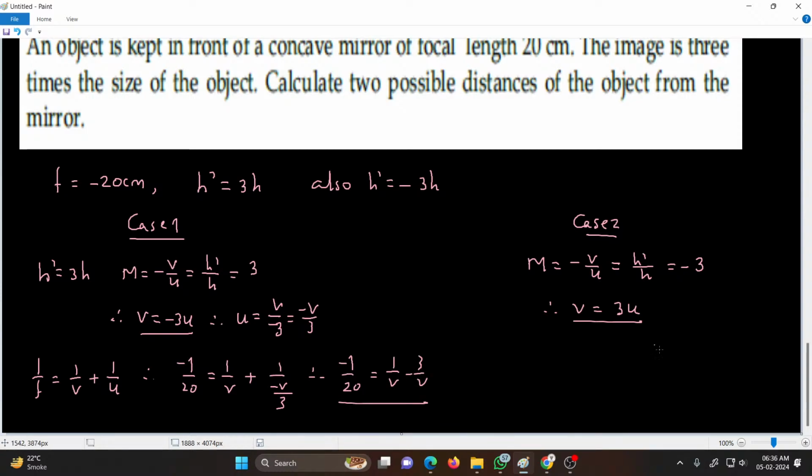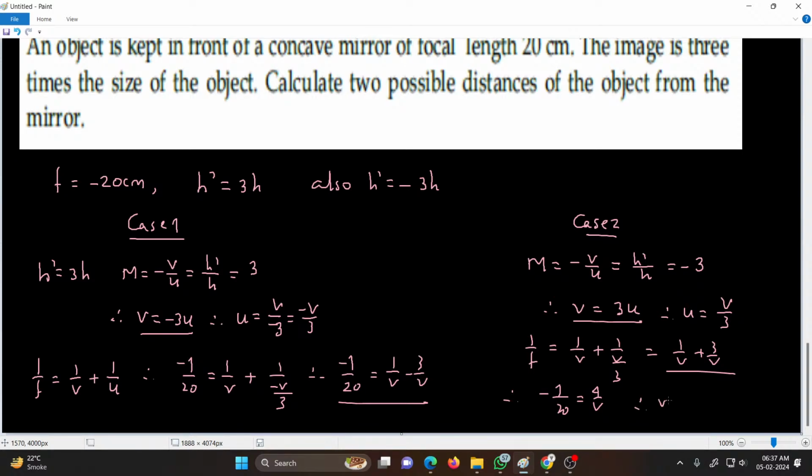So like this you can take accordingly, 1 by f is equal to, here u will be equal to v by 3. So 1 by f is equal to 1 by v plus 1 by v by 3, that is 1 by v plus 3 by v, minus 1 by 20 is equal to 1 by v plus 3 by v, that is 4 by v, and accordingly you can calculate.